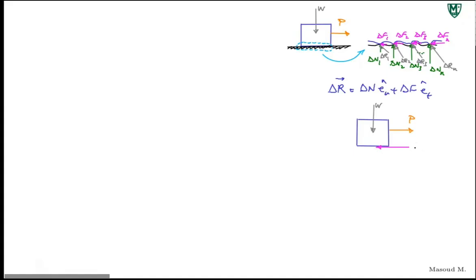So let's call this F, friction. You can call it FK, FS. We'll use different naming for this. I'll talk about that. But generally speaking, let's just put F here as your friction.